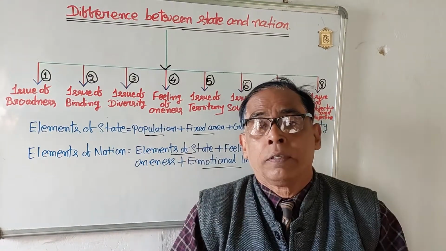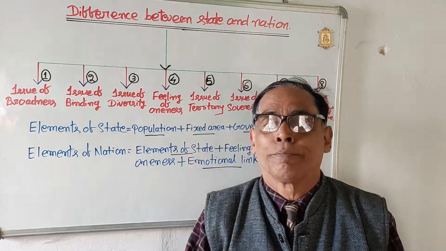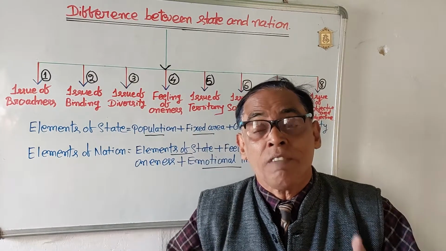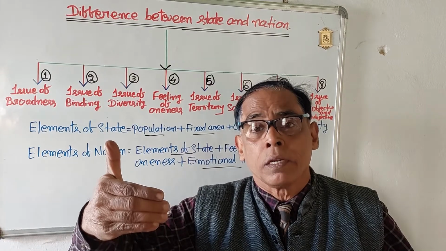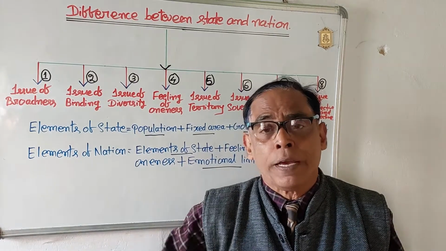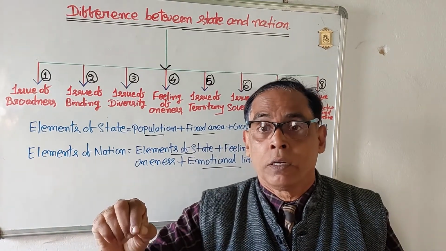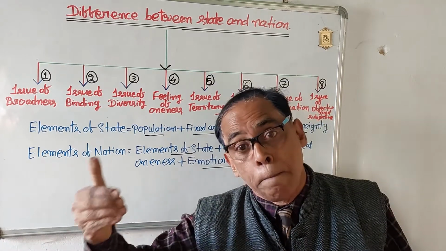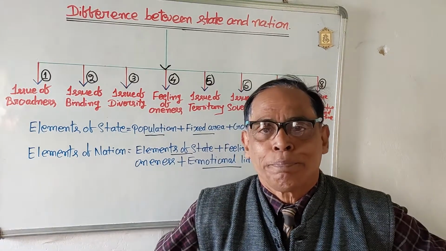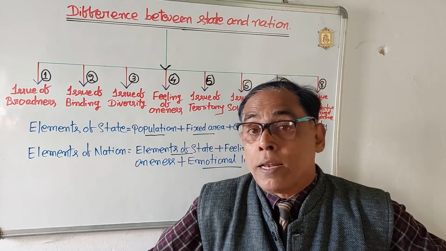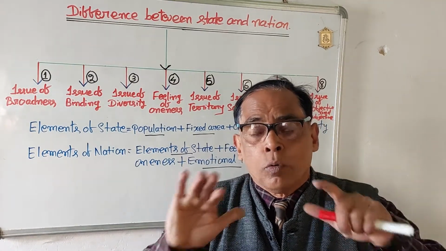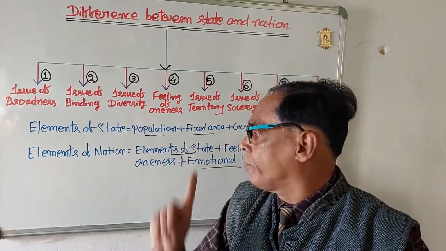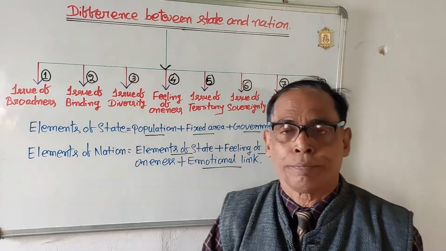People must be one emotionally. It means if anyone is in a bad position, it will have an impact on other people. It is emotional link or attachment. So we are clear what is a state and what is a nation.